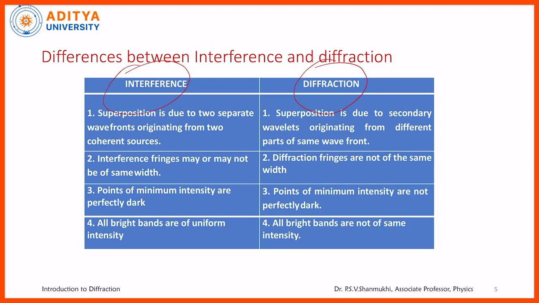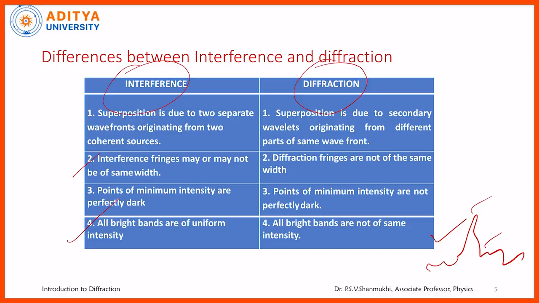In the interference pattern, all the bright bands have uniform intensity, whereas in diffraction the bright band intensity gradually decreases from center to outward. There exists a central maximum, later first order, second order, and so on.